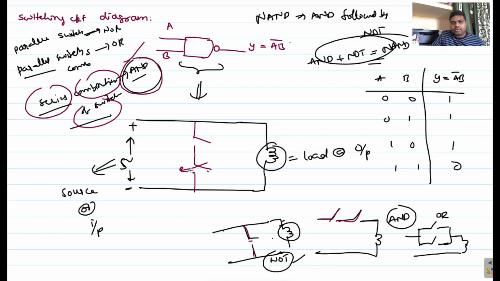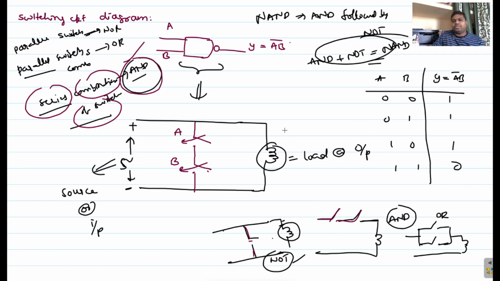Here we have one switch, here we have another switch. We can call this switch A and this second switch B, right? So whatever series combination of switching circuit is there in the previous AND gate, I can take in a parallel manner for NAND logic. Then it will satisfy these 4 possibilities.